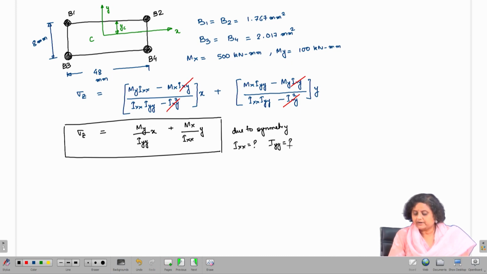Now, before we can find out the sectional property, we need to find out the location of the centroid YC.